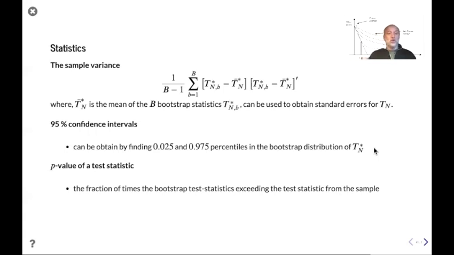Or you can use it to get the p-values. What would that be? The fraction of times the bootstrap test statistics exceed some test statistic from the sample. So you can do many things with these distributions. Once you know the distribution of that estimator, or that statistic of interest, you can report many different things from it, right? You can also say what is the mean of those statistics, for example.